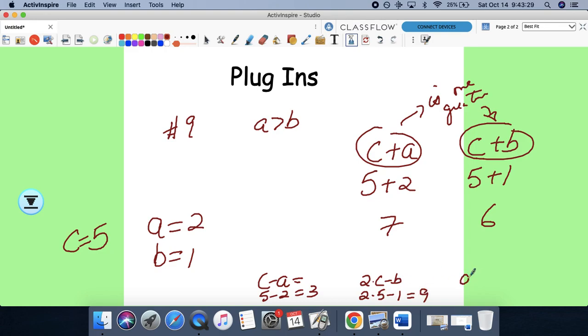A minus B, well, A minus B is 2 minus 1. That's 1, which is the difference that we got. And then A plus B, 2 plus 1, which is 3. So of all the other choices, which one represents the difference between these two? The only one that really worked was that one. So 9 is C.